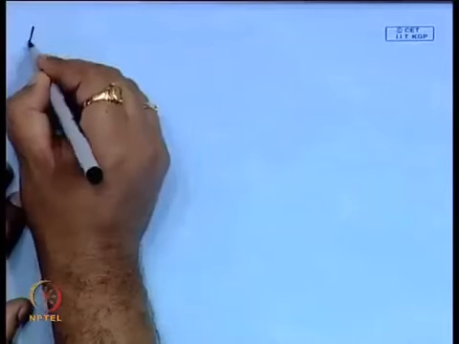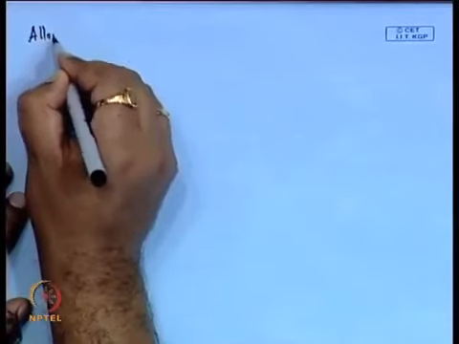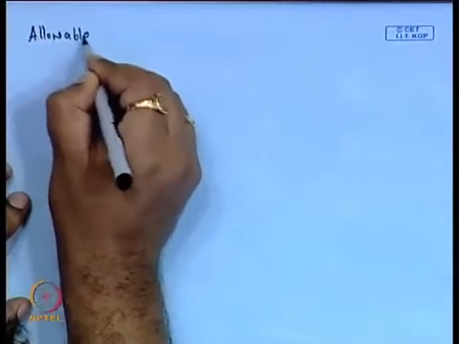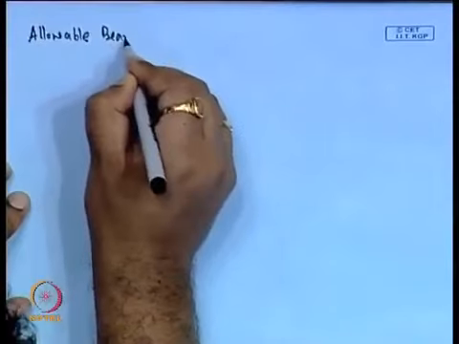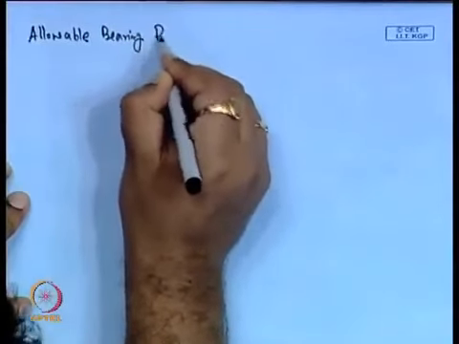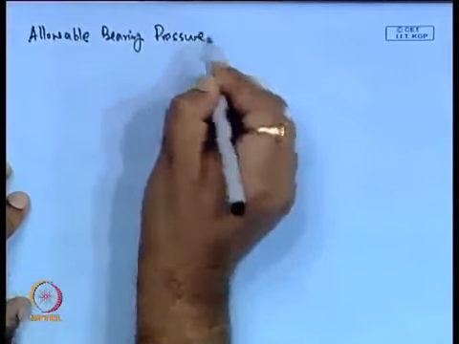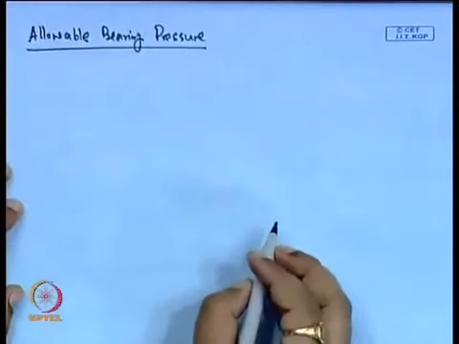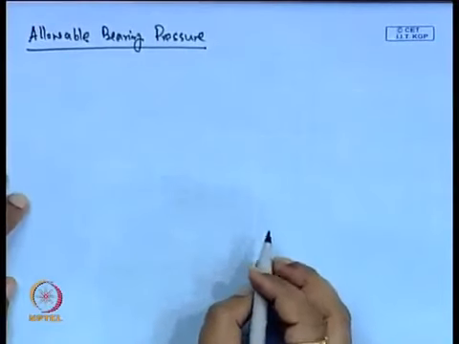Now, next one and the last thing that I will discuss is how to calculate the ultimate bearing factor in case of allowable bearing pressure. So, based on the N value, this is the allowable bearing pressure. There are a few empirical correlations given.